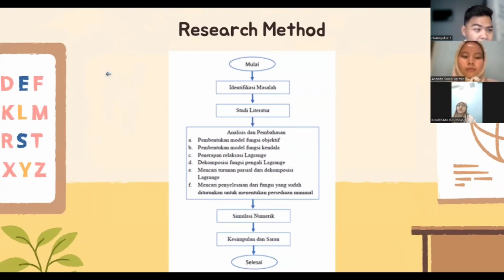Research method. Chapter 3 begins by outlining a series of research stages conducted in this final project. The first stage is identifying the problem, which involves collecting supporting theories from literature study related to spare part inventory.